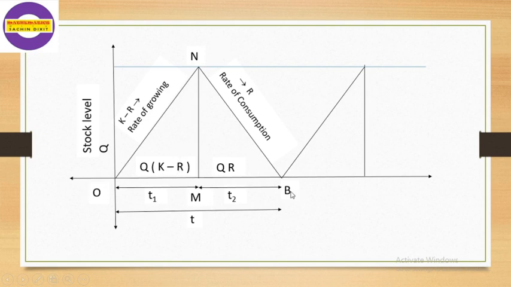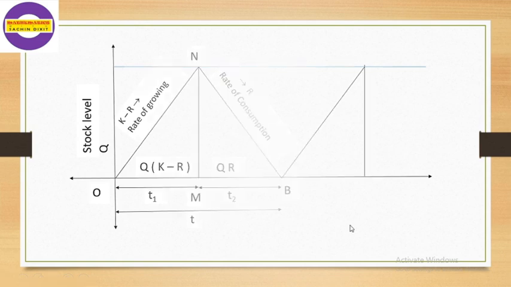But in the time interval T2, no production takes place, only consumption exists. That means we just have to complete the demand up to this point B. The total time interval from O to B is the total T, and that T is nothing but T1 plus T2. With these terms we have to find these three terms. Now we discuss all these terms. Just memorize this figure so that the next points will be clear.